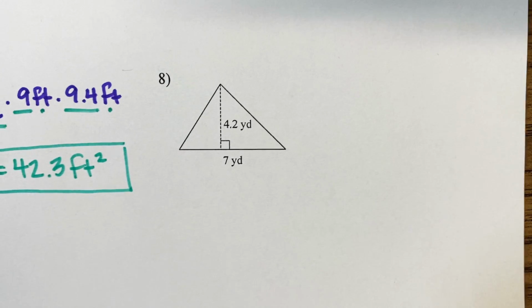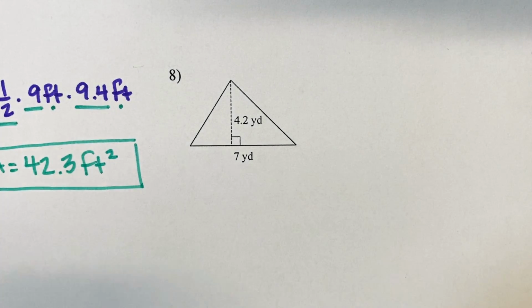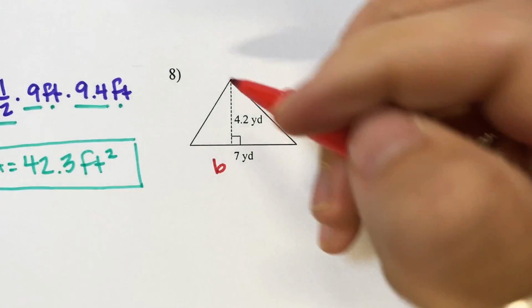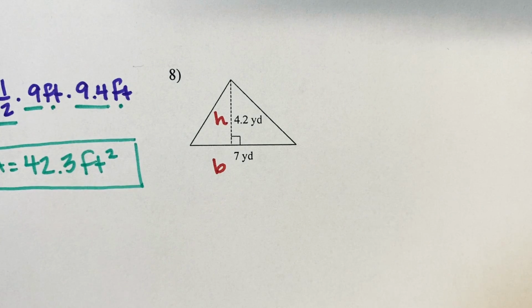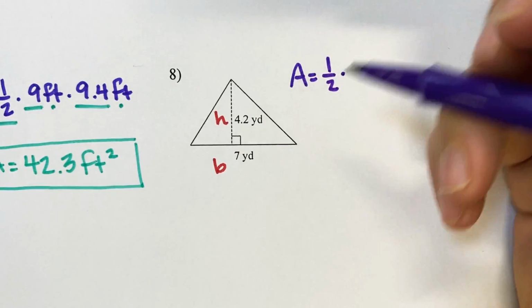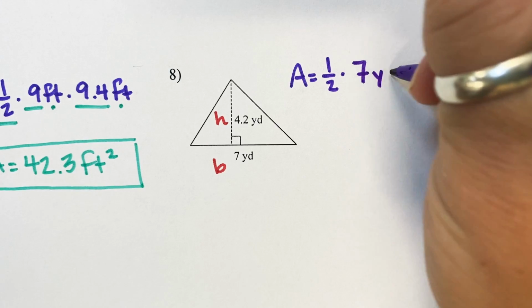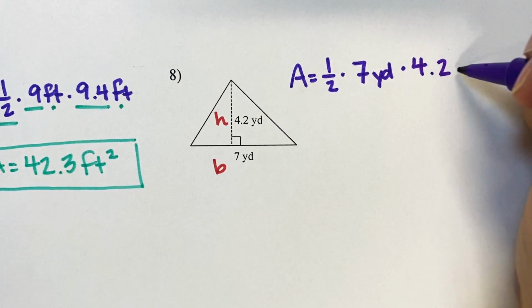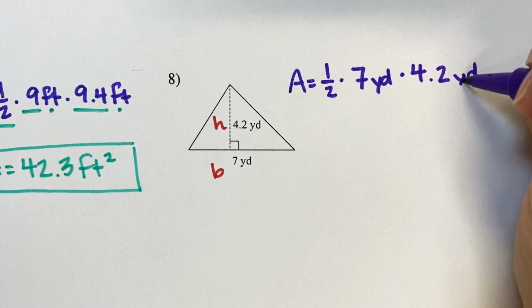Okay, let's look at number 8. What is my base and what is my height? I have a base of 7 yards and a height of 4.2 yards. So let's plug it in. So area equals 1/2 times my base, 7 yards, times my height, 4.2 yards.